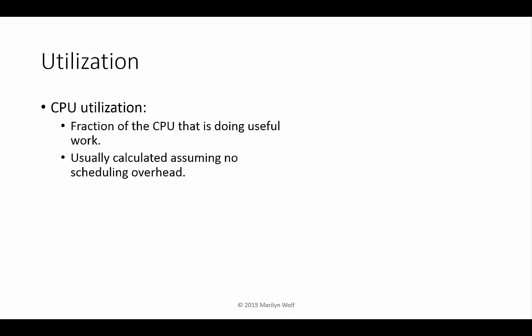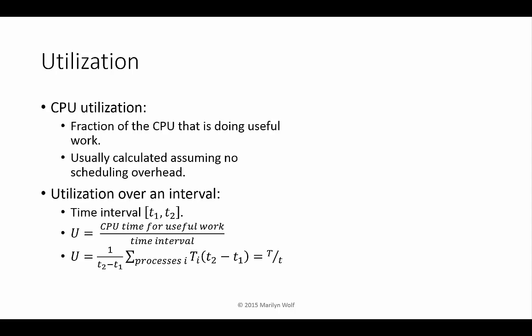So utilization is a very basic metric we can use to evaluate a system design. The CPU utilization is simply the fraction of the CPU time that is doing useful work. We usually calculate this assuming absolutely no scheduling overhead. So we calculate the utilization over an interval, which we can call here T1 and T2.